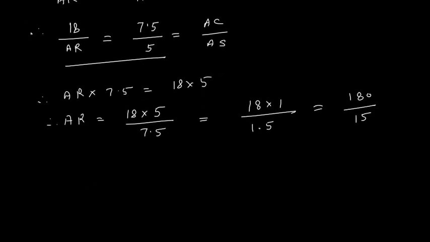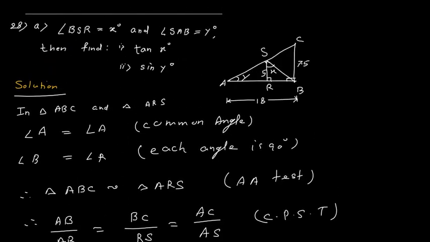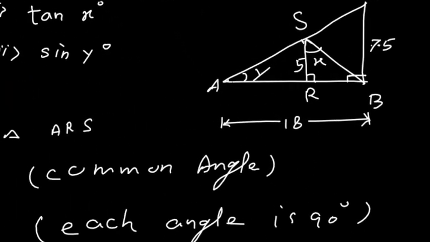Now with 5 I can cancel. 5 threes are 15, and 5 sixes are 30. So this is 36 upon 3. Again with 3 I can cancel, so the value of AR is 12.